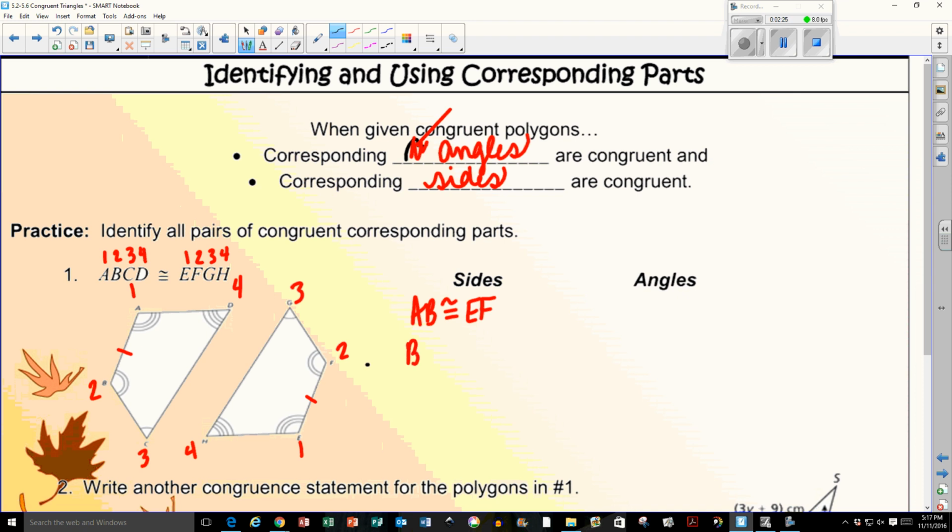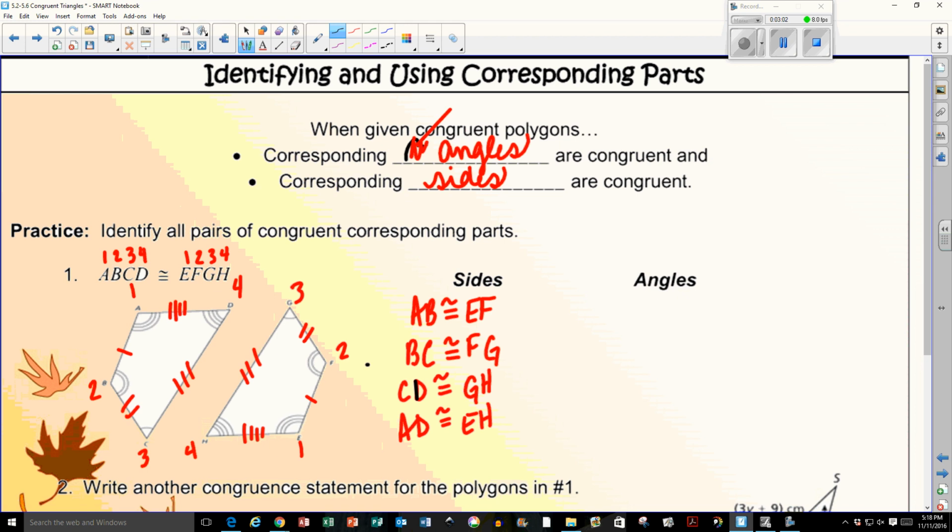CD, 3, 4, is congruent to GH. And 1, 4 is congruent to 1, 4, so AD is congruent to EH.